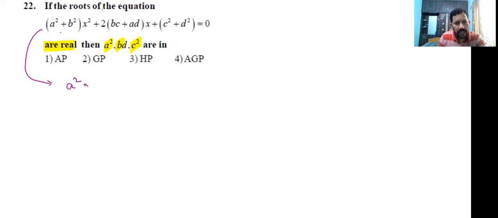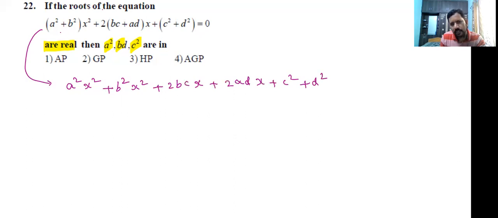Split: a square x square plus b square x square plus 2bc into x plus 2ad into x plus c square plus d square is equal to 0. Total 6 terms are there.